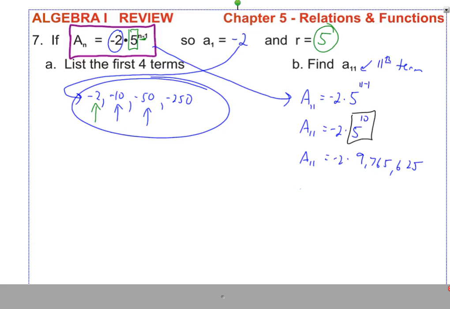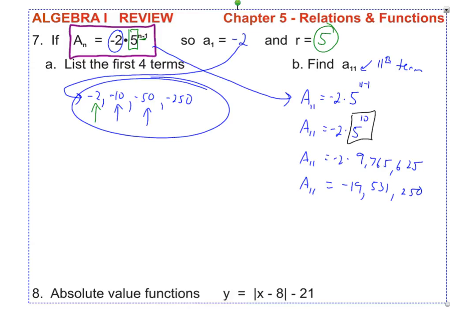Finish it off by multiplying by 2. You're doing all this in your calculator, and you end up with a sub 11 equals -19,531,250, right? And so you're just punching that out if you understand geometric sequences. Okay? All right, what else?